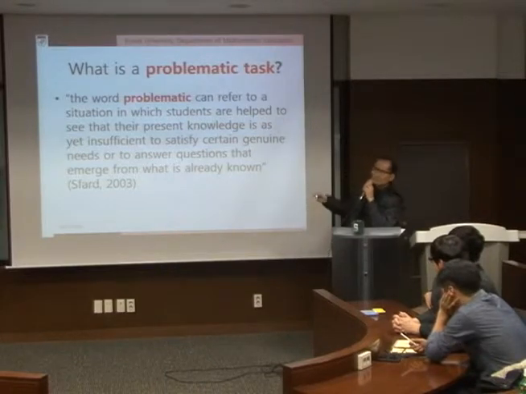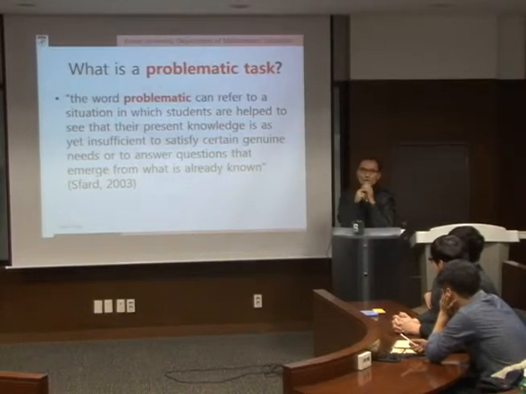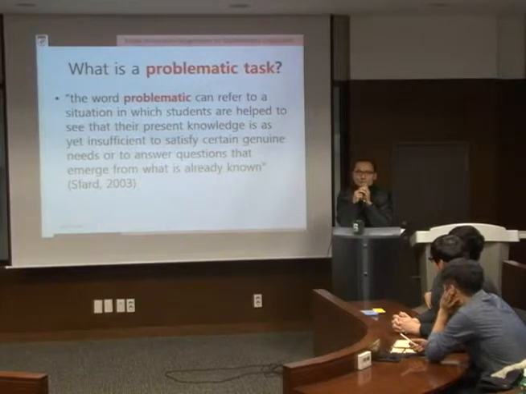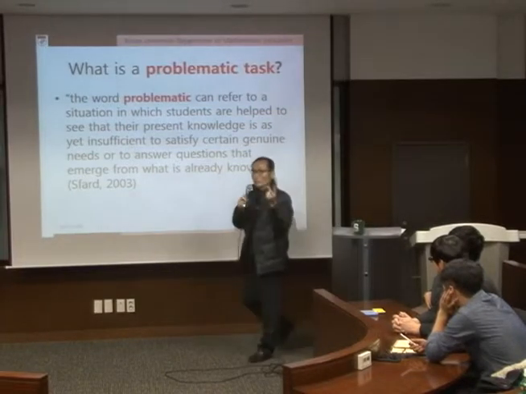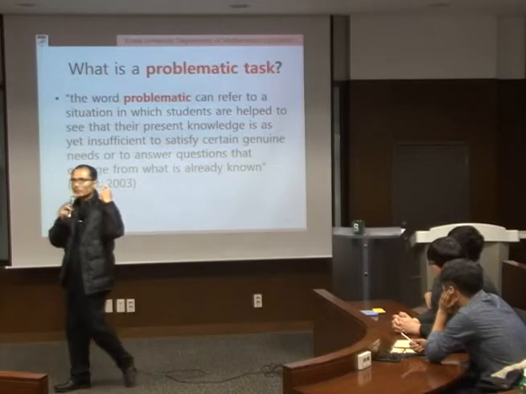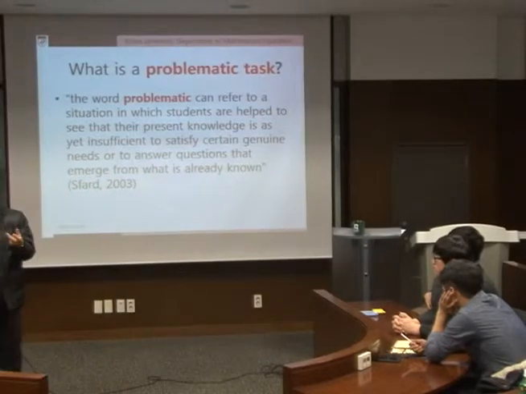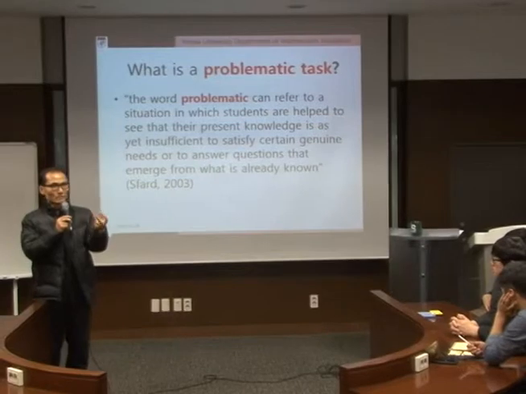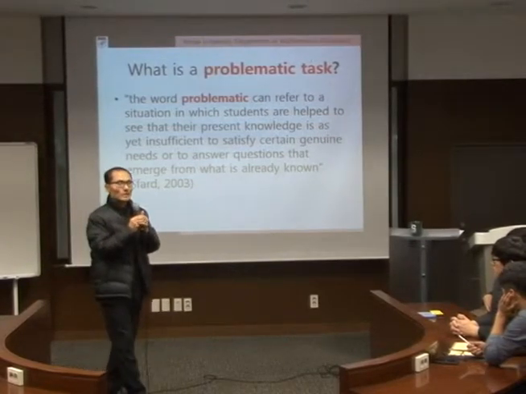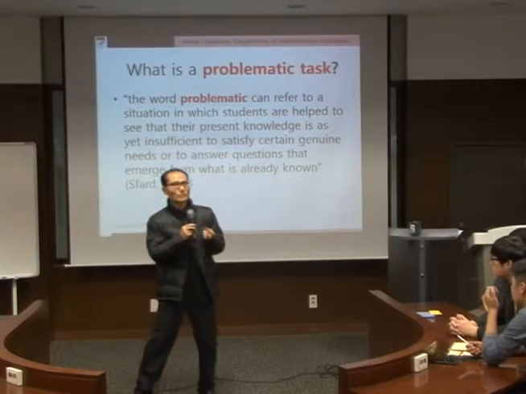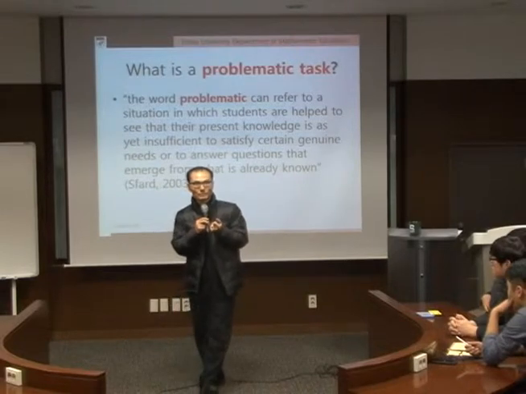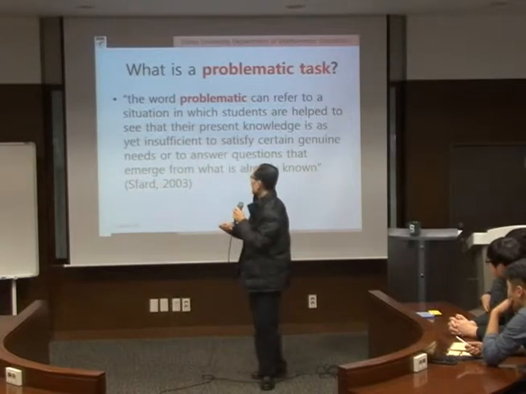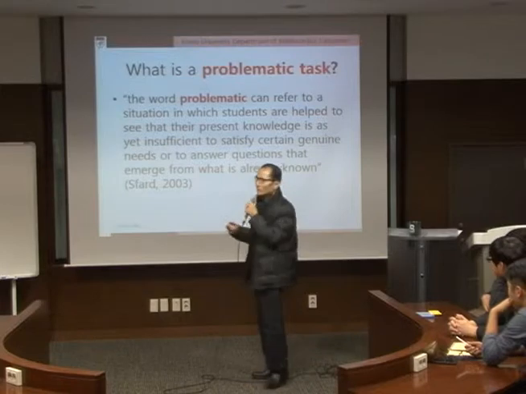Make sense to you? What is the problematic task? So anyway, if you consider both of them, the definition as well as the explanation, you may better understand what kind of mathematical essay problem you should develop for your final project. Any question until now?